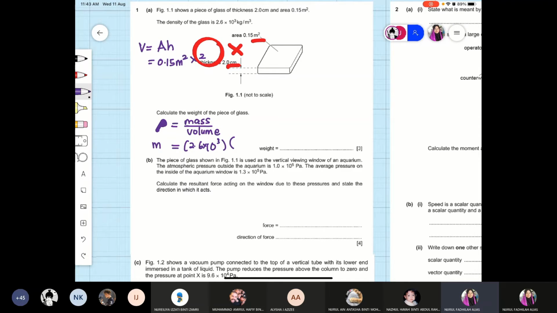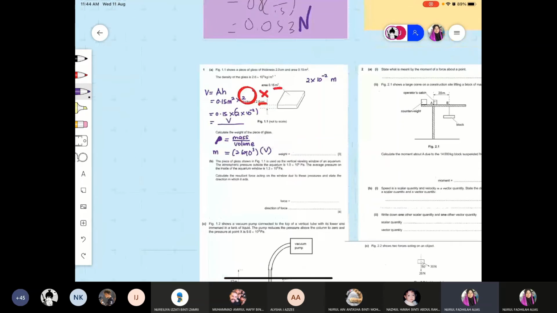Jadi you need to convert first. Okay, 2 cm, 2 times 10 to the power of negative 2 meter. Okay, jadi 0.15 times 2 times 10 to the power of negative 2. So that gives us a value. Okay, so whatever the value V dekat sini awak masukkan. So dapatlah your mass. Mass dapat berapa? Ada yang dah tak jawab?